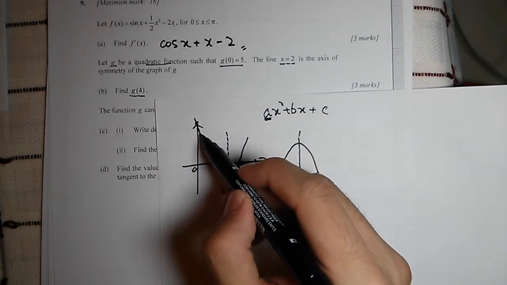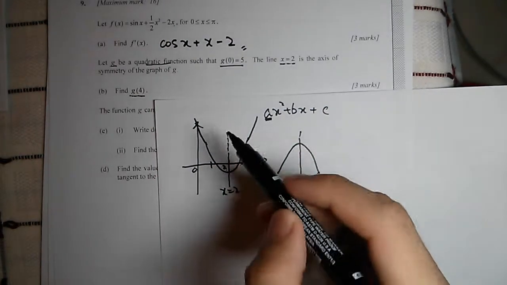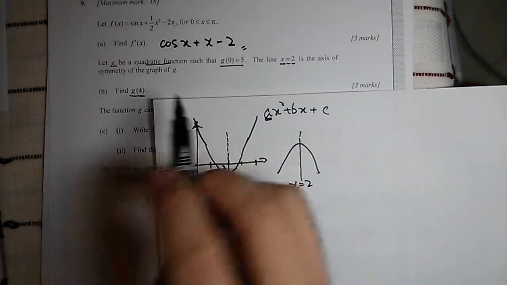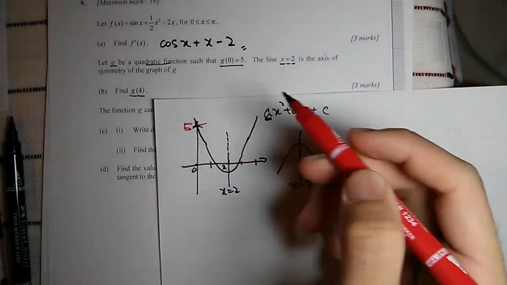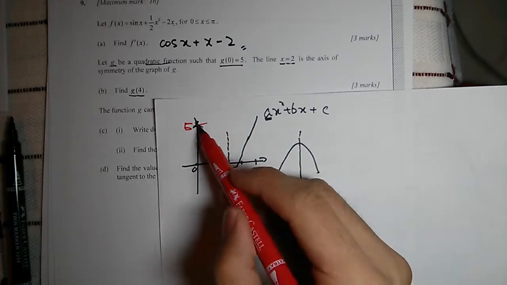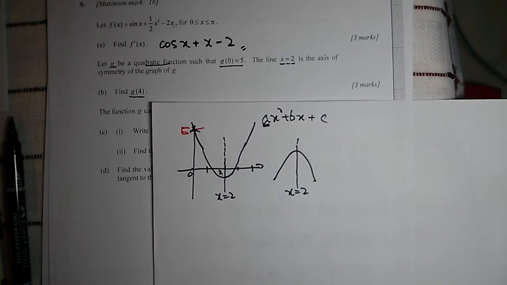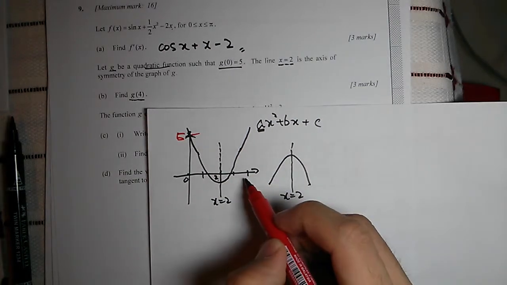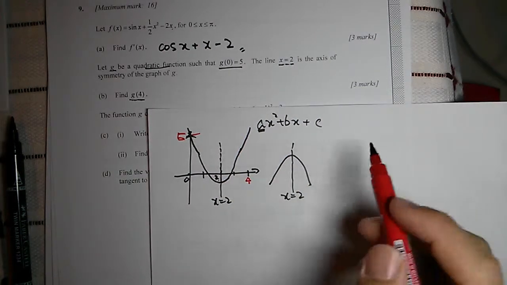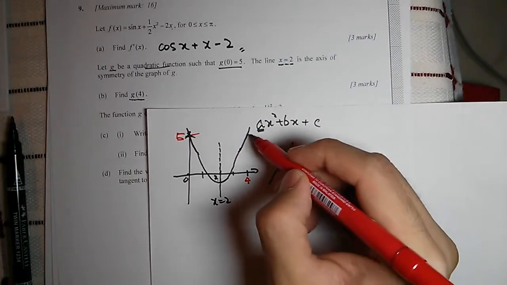That means this value should be 5 for x equal to 0. And what the question wants is g of 4. Where is 4? This is 4. So what is this value?